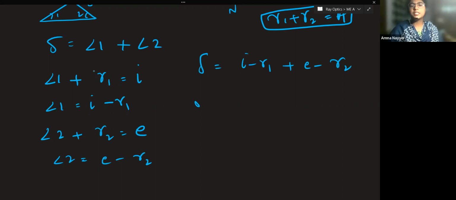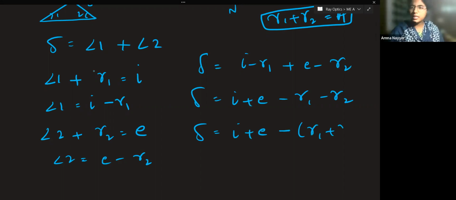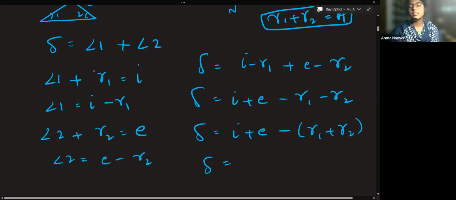Just rearrange it: I plus E together, minus R1 minus R2 together. Just take minus common. What is left? R1 plus R2. Just now we have derived that R1 plus R2 is the angle of prism. So delta is I plus E minus the angle of prism.